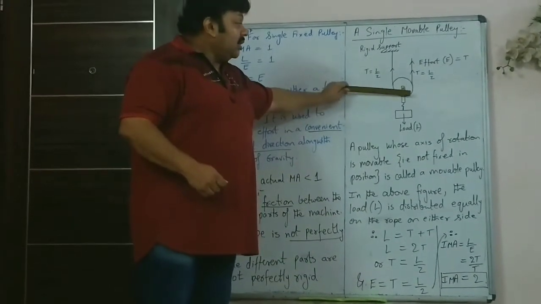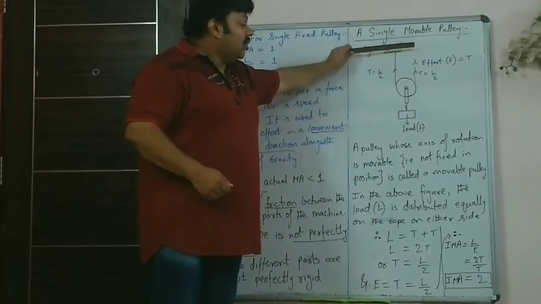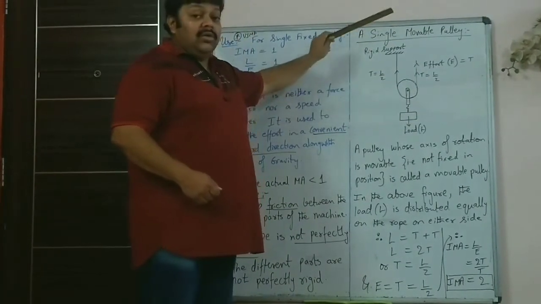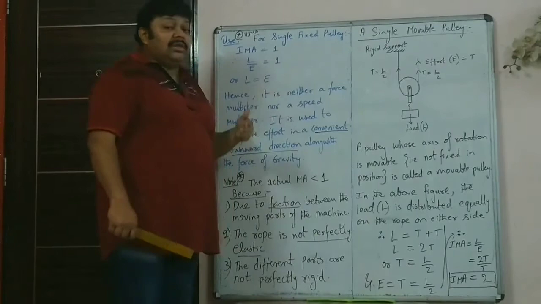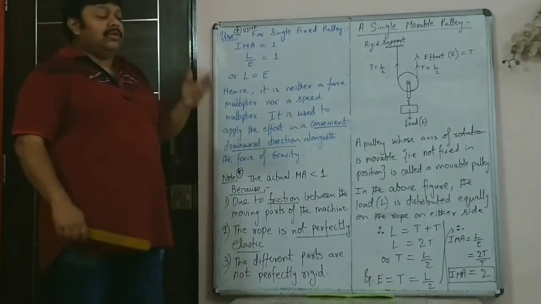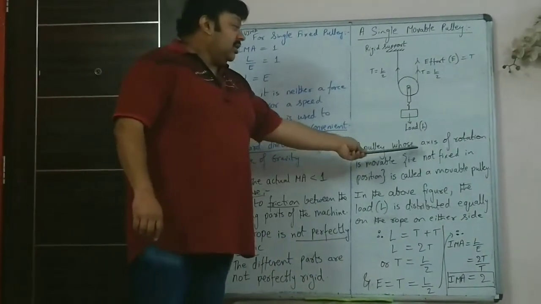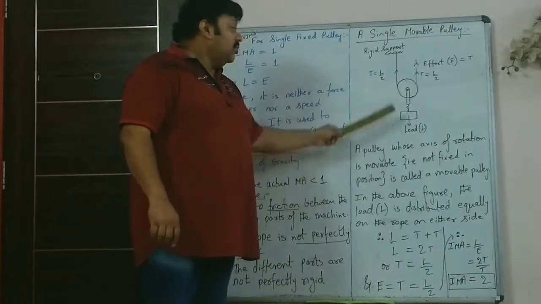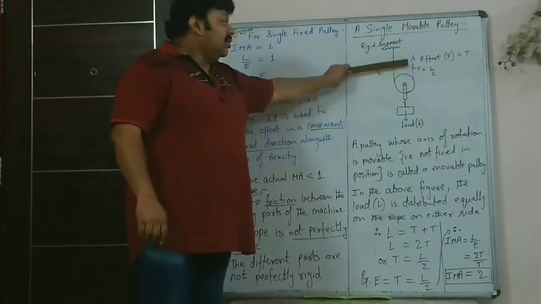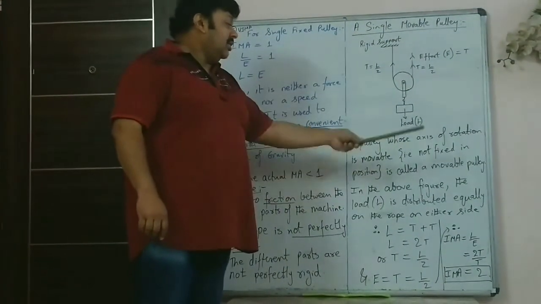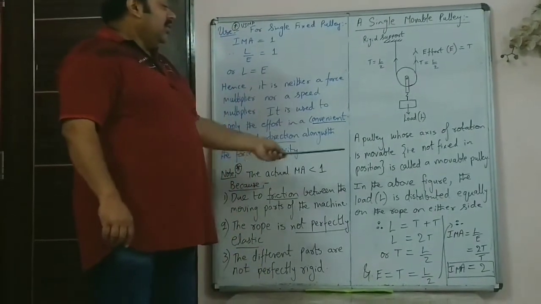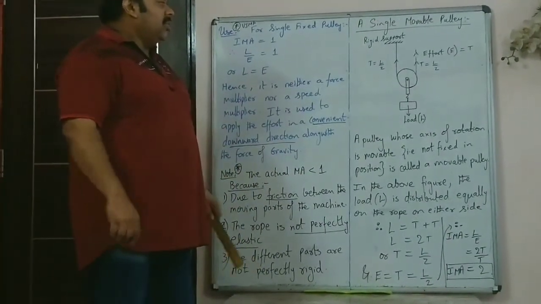So the pulley slides up between the 2 ropes along with the load. So here both the load and the pulley are moving up together. The pulley whose axis of rotation is movable, that is not fixed in position, is called a movable pulley.